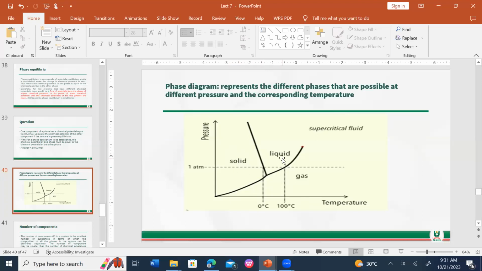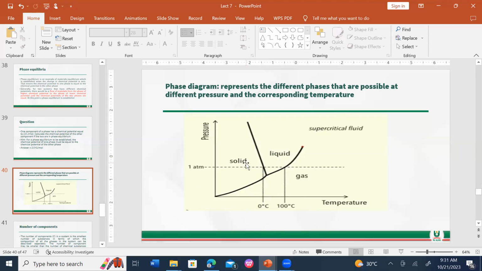Between liquid and gas, another phase is possible. So we have identified two there. Then between solid and gas, another phase is possible. Now, between solid, liquid, and gas, there's a special point that is possible, and it's called the triple point.